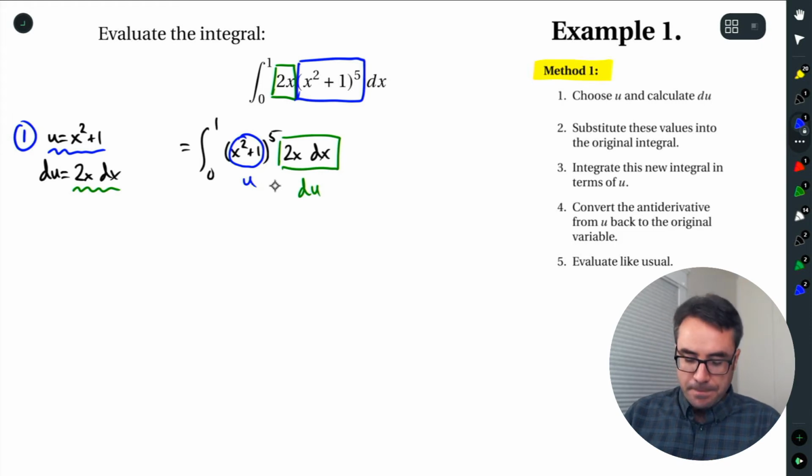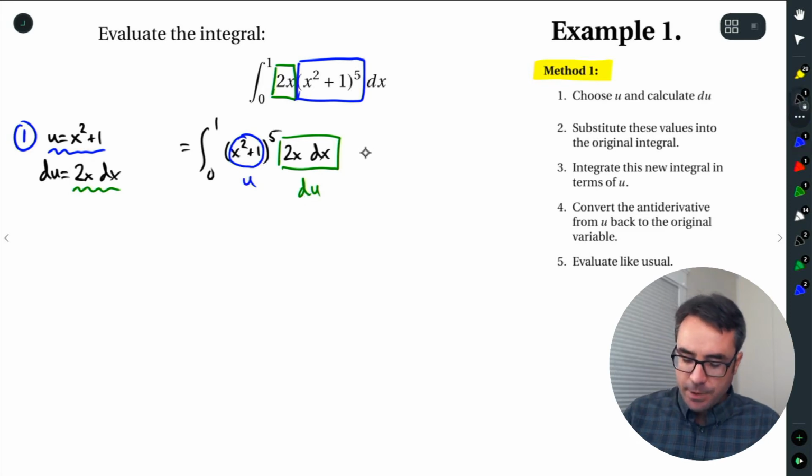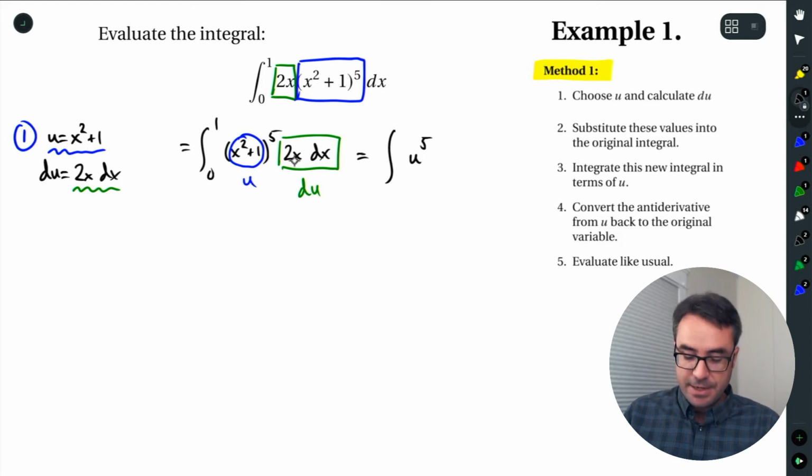All right, so that's the first step: choosing u, calculating du, and then we substitute in our values. Instead of (x squared plus 1) raised to the power 5, we have u raised to the power 5. Instead of 2x dx, we have du.